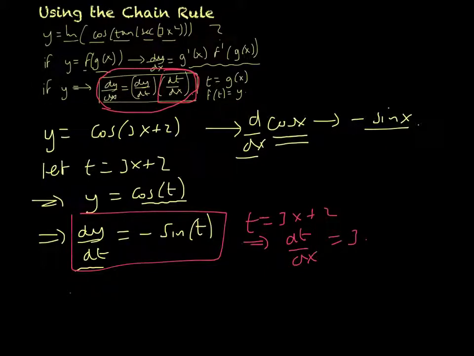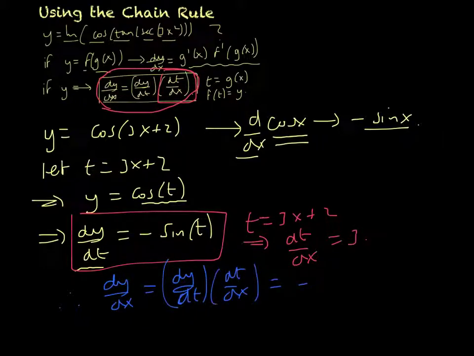And therefore put them together, dy by dx is going to equal dy over dt times by dt over dx. So we end up with minus 3 sine. We didn't start with t, so we're not going to finish with t. Remember, t is 3x plus 2.